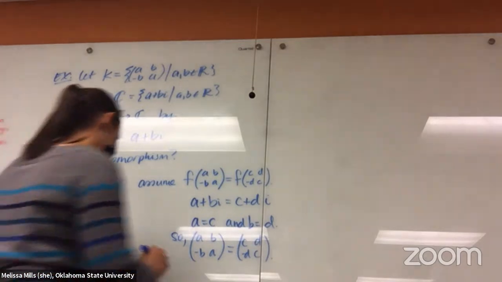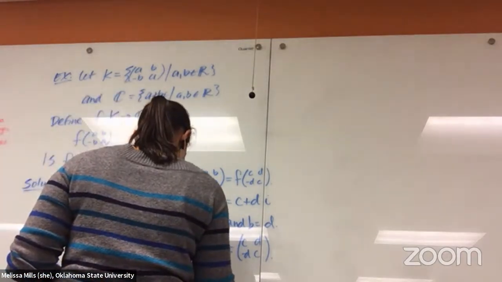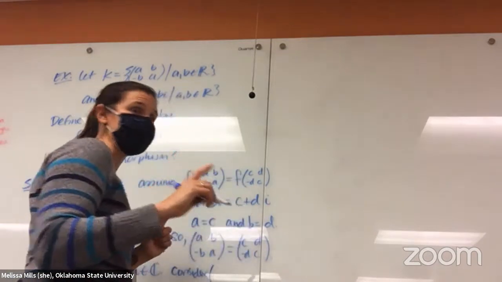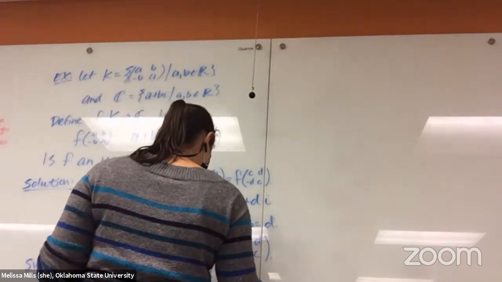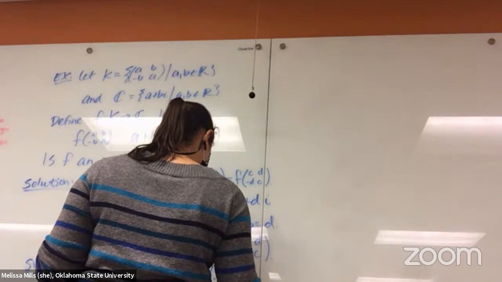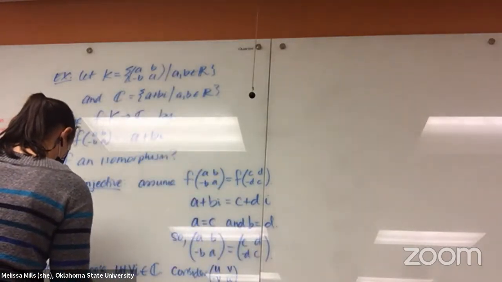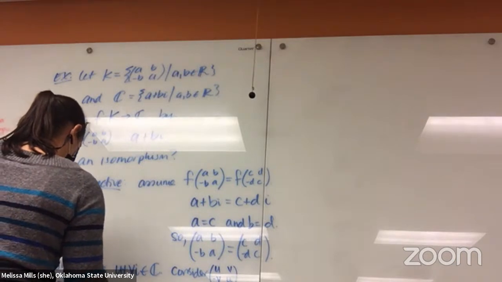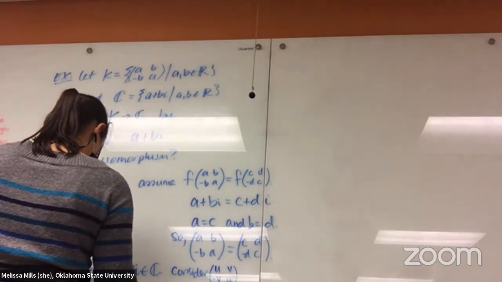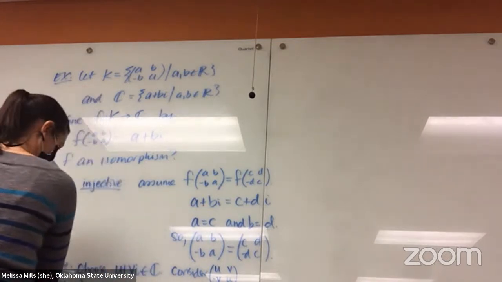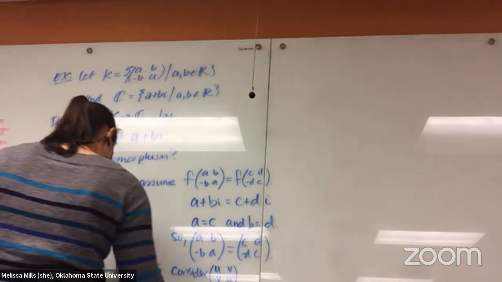So we have a feeling for what it's going to be. We're going to consider [u, v; -v, u]. And then I can say f of [u, v; -v, u] equals u plus vi.